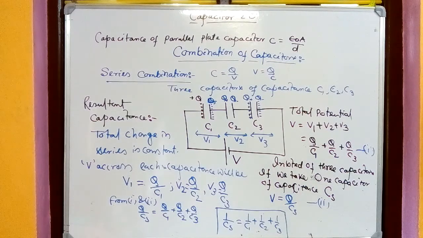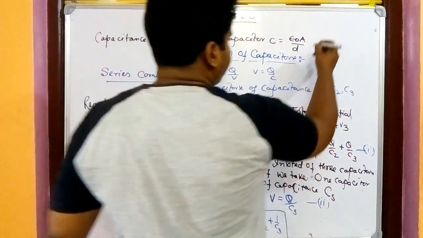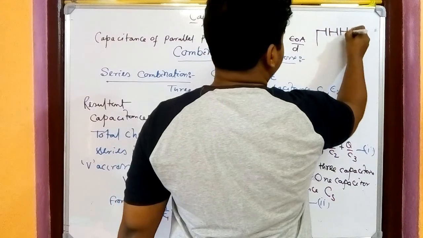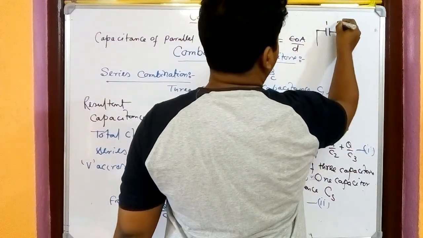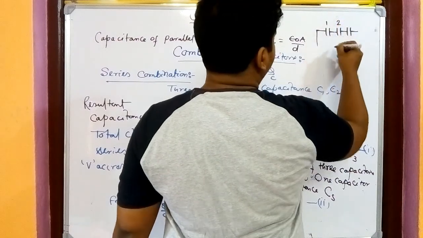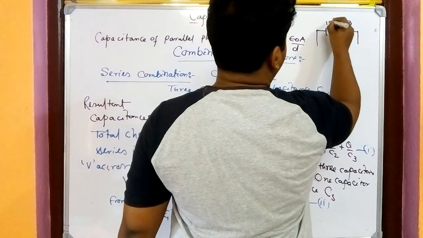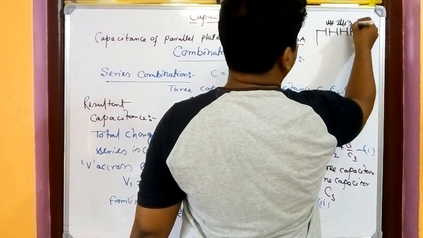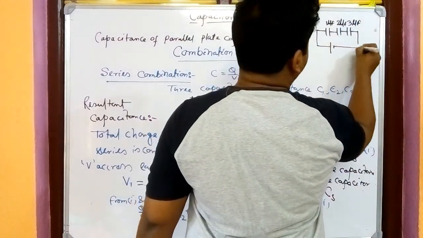So a simple example: assume three capacitors, assume it is one, two, and three. 1 microfarad, 2 microfarad, 3 microfarad. Now you may think, sir, why microfarad?